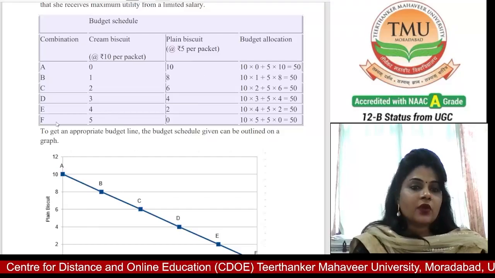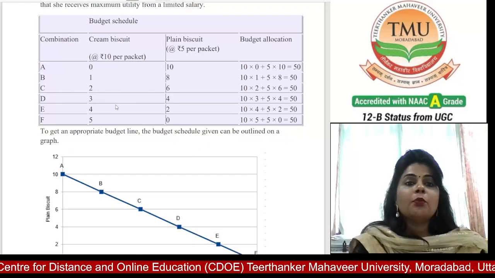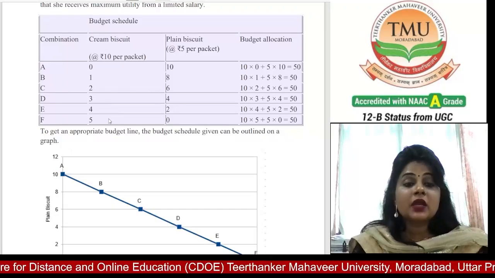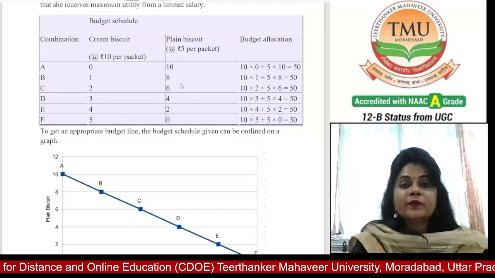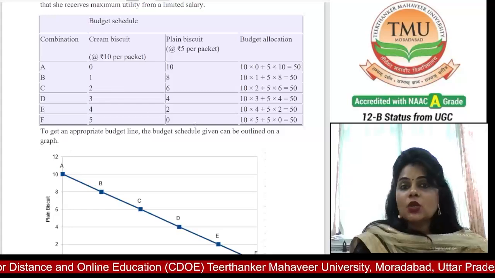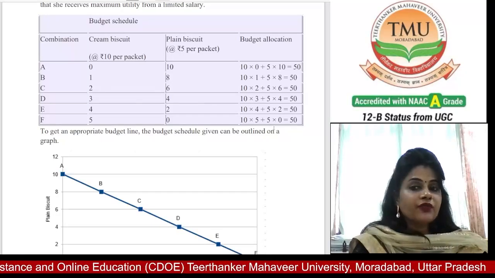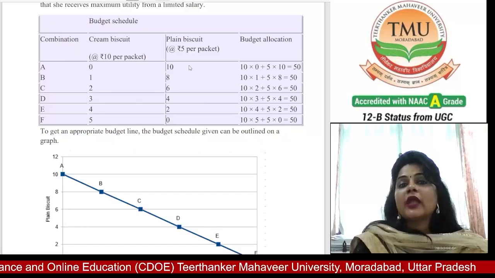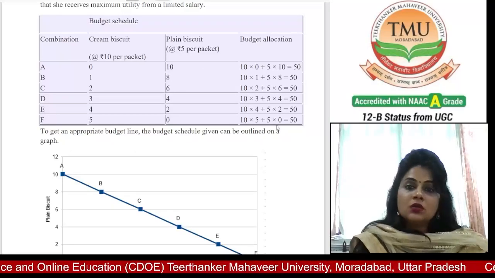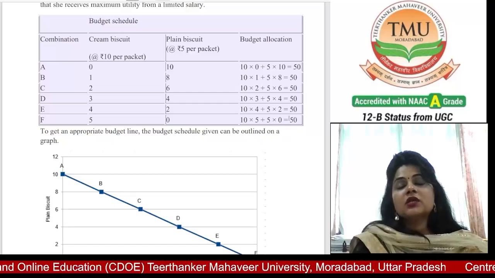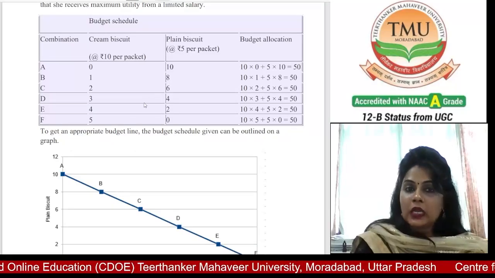Now see the F combination, where Radha bought only five cream biscuits, and zero plain biscuits. Now see, 10 multiplied by 5 is equal to 50, and she doesn't buy any plain biscuit, so 5 multiplied by 0 is 0. Now 50. She spent 50 rupees on the cream biscuits.